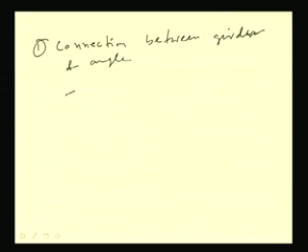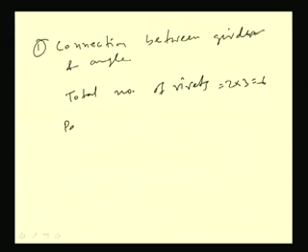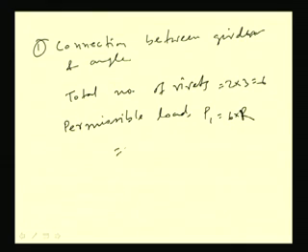So, total number of rivets will become 2 into 3, that is 6. So, permissible load, say P1, will become 6 into rivet value, that means 6 into 36.3, that is 217.8 kilonewton.